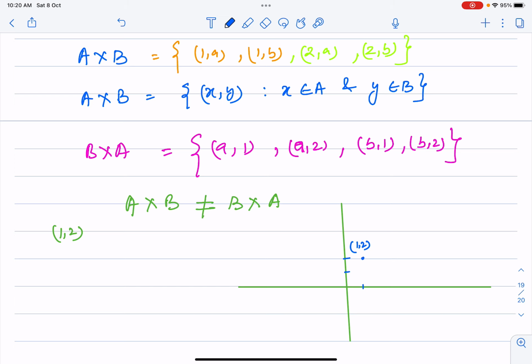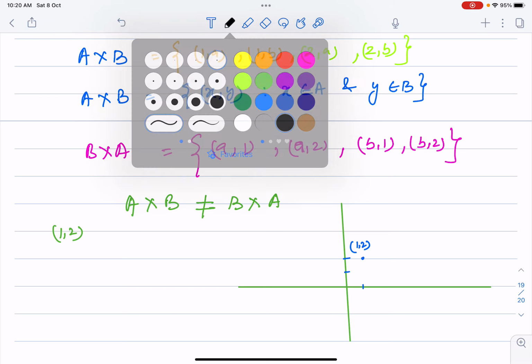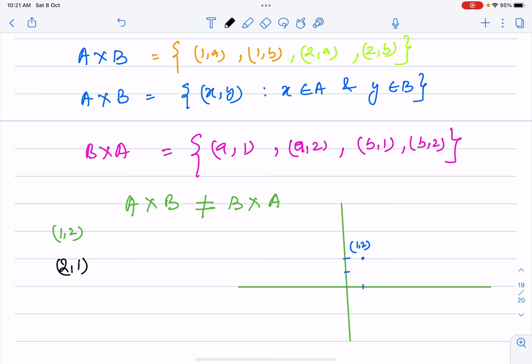Now is it the same as 2 comma 1? No, because if I plot it over here, this is 1, this is 2, so this point is 2 comma 1. So you can very well see that 1 comma 2 in the Cartesian plane is not the same as 2 comma 1. Therefore 1 comma 2 is not equal to 2 comma 1, right?